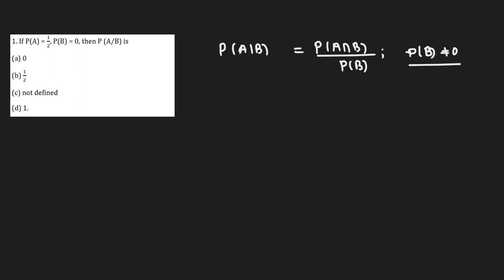Here you notice that the probability of B is given as 0, so the definition is not valid, so this is an undefined quantity. I hope all of you understand this.